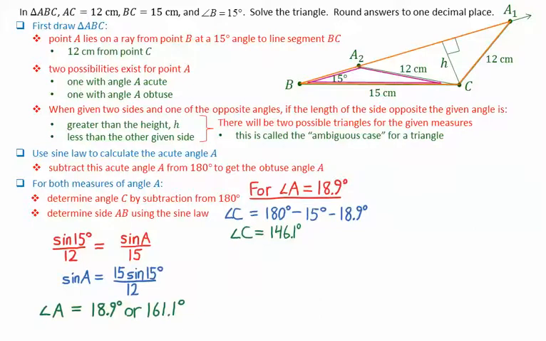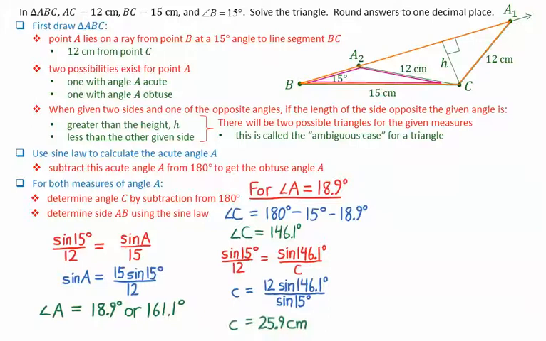We can then use the sine law again, this time to calculate side C. Sine angle B over side B is equal to sine of angle C over side C. This gives C equals 12 times sine 146.1 degrees divided by sine 15 degrees. This results in C equals 25.9 centimeters.